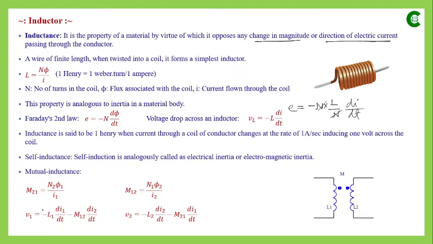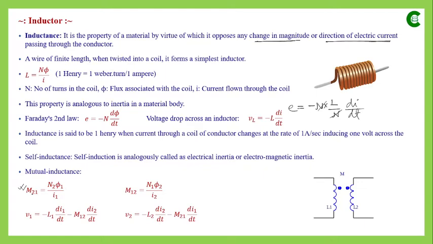So as we can see here, the definition of mutual inductance is expressed as M suffix 2 1. Here 2 signifies the second coil. So it is the mutual inductance of the second coil because of the current and flux in the first coil. So that's why 2 1.